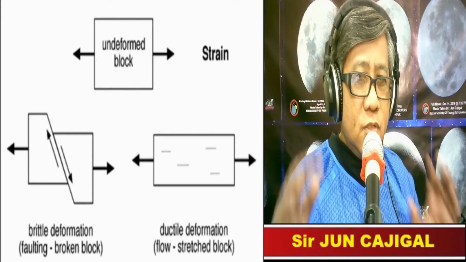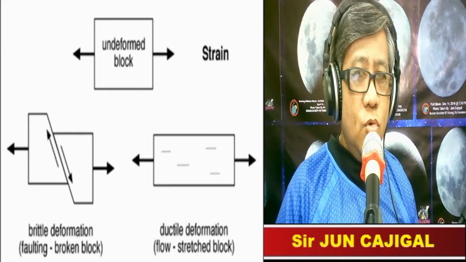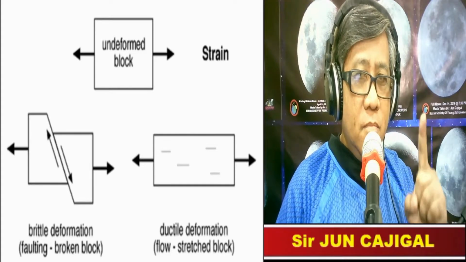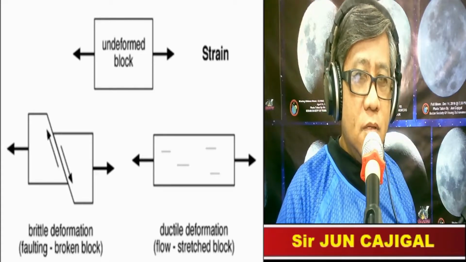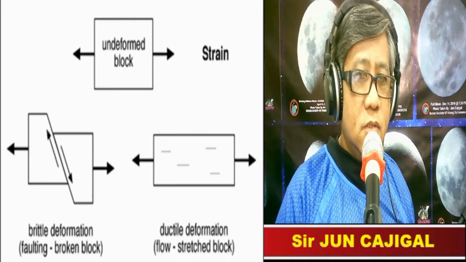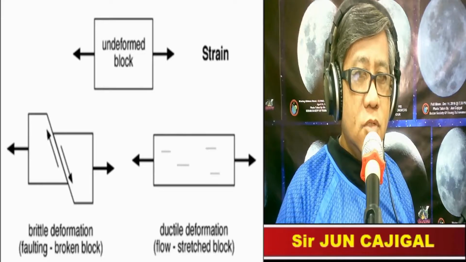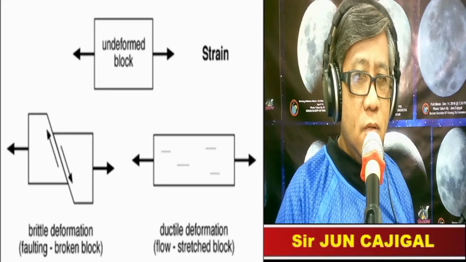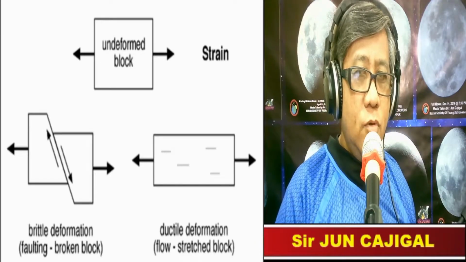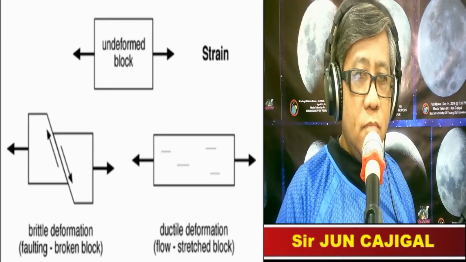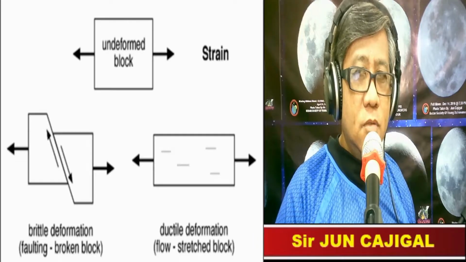Ngayon, para mas maintindihan pa ho natin kung ano ang nangyayari bago mag-occur ang isang earthquake, ito na lang po ang isipin natin. That the Earth's crust is broken into sections or tinatawag natin na tectonic plates. And these tectonic plates are floating in that part of the upper mantle called the asthenosphere.